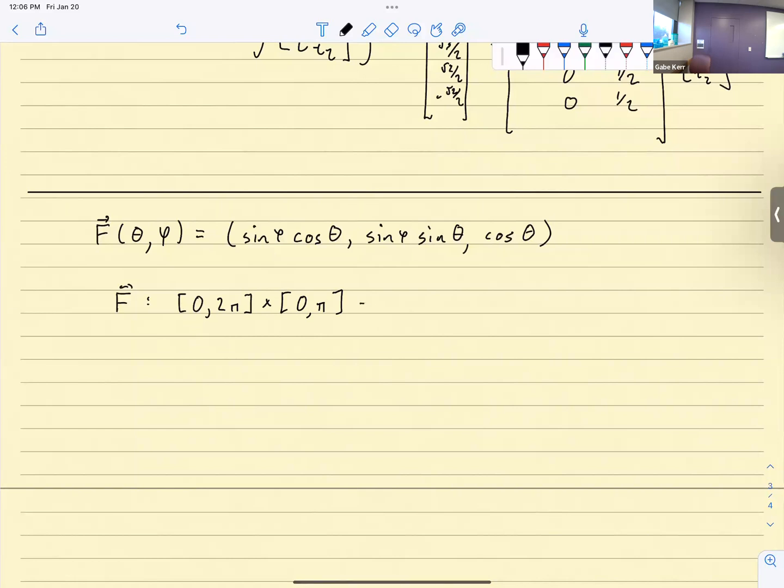The phi value is allowed to be between 0 and pi, and it's mapping to R3. In particular, it's mapping to the sphere, which is given by this other equation, x squared plus y squared plus z squared.